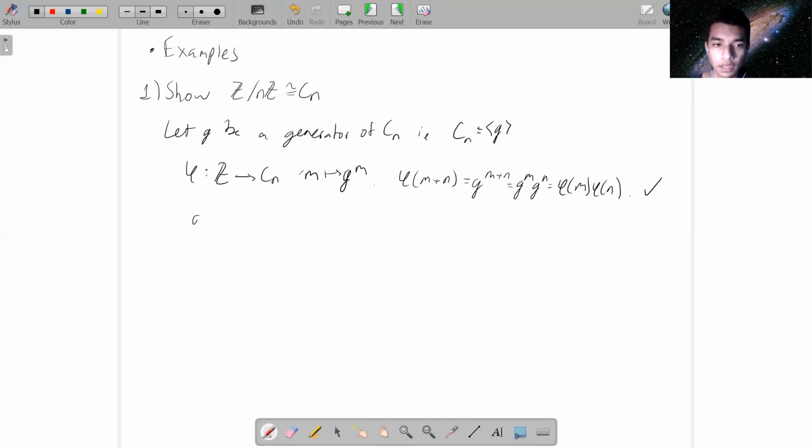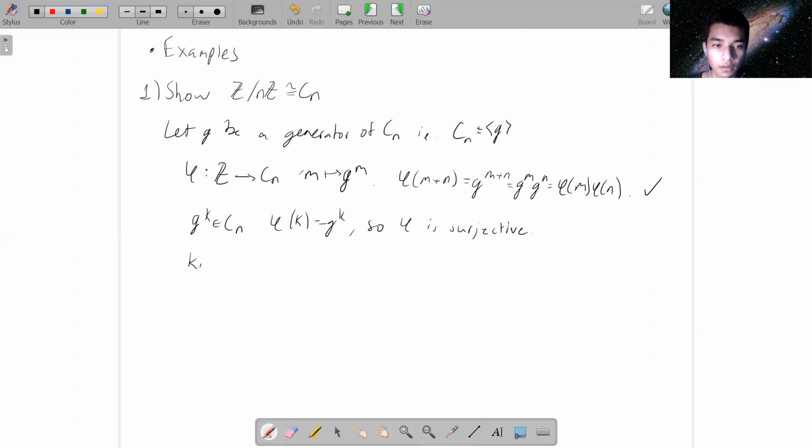Second of all, if we have g to the k in Cn, then phi of k equals g to the k. So phi is surjective. So you just have to analyze the kernel of phi and hope that it is nZ, so that we can apply the first isomorphism theorem.